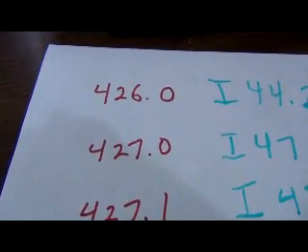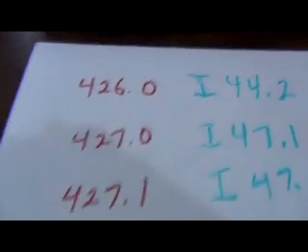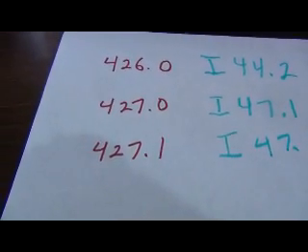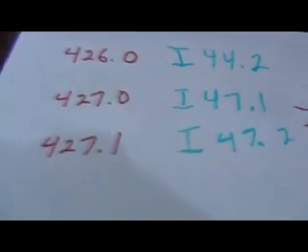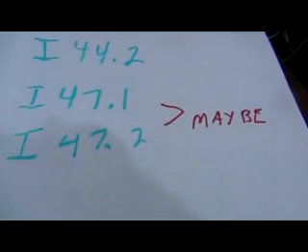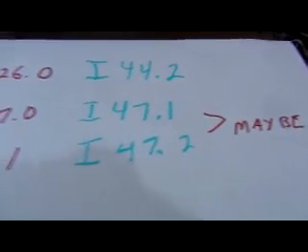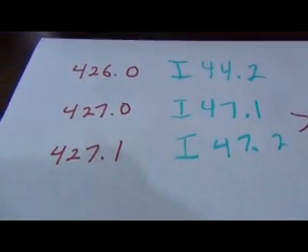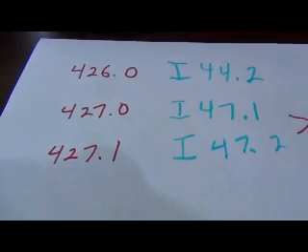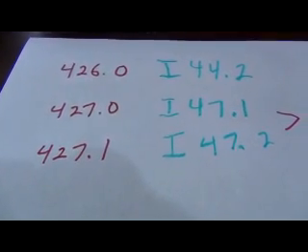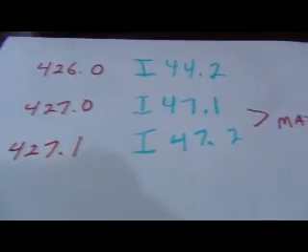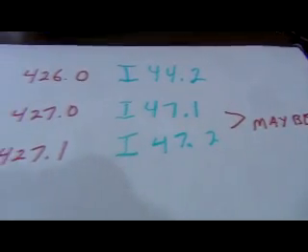Okay, so the 426.0 converted nicely, and then the 427.0 and 1, they convert maybe. And I'm doing this for practice, and it's just going to be like the Beatles song, like I said in one of the first videos, it's helter skelter.